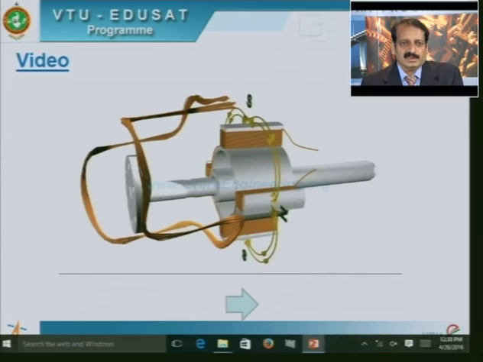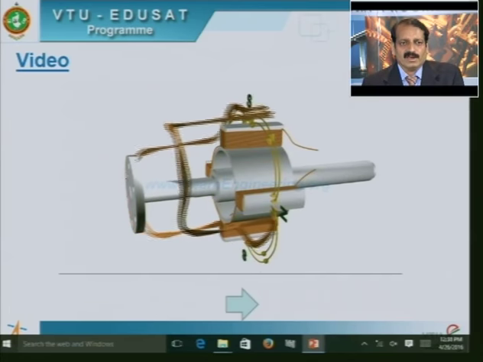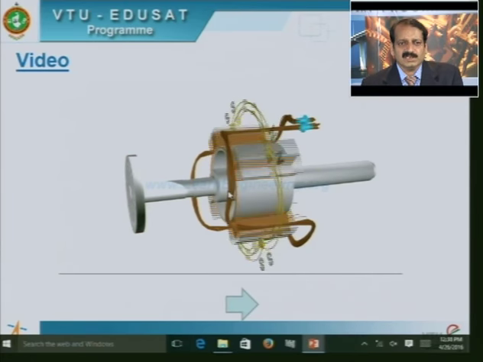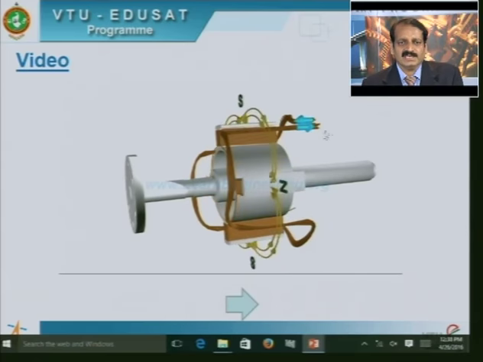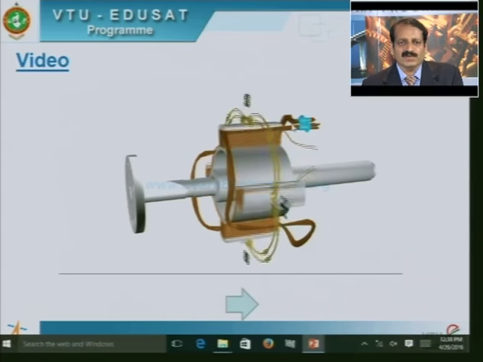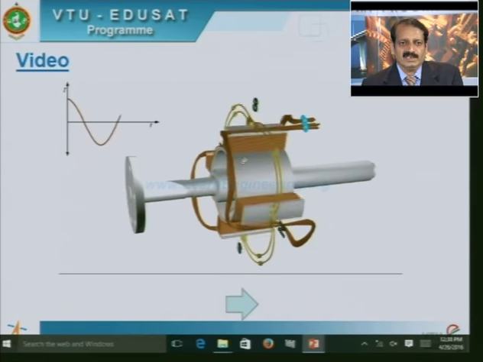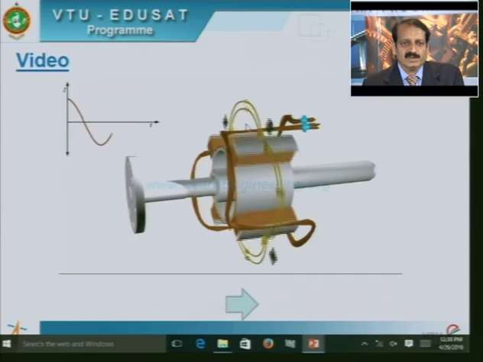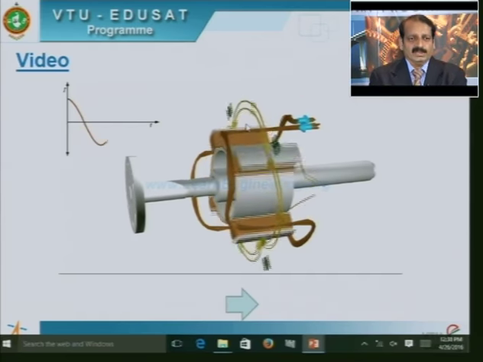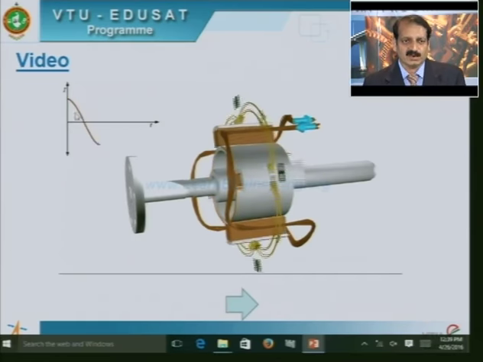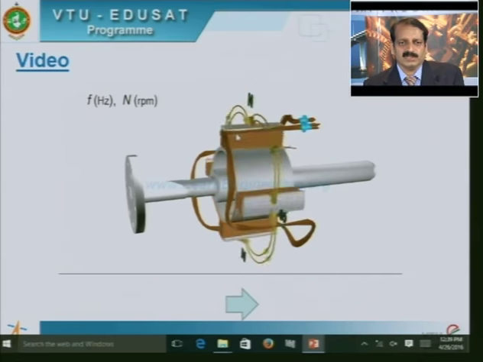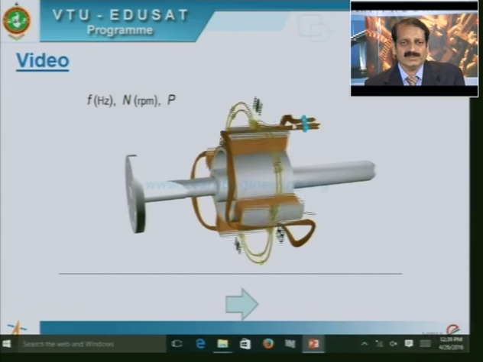You can have a coil placed around this field, and the coil is now fixed and the magnetic field is rotating, and you can see the direction of induced EMF change when the coil is subjected to different poles. If the coil is subjected to north pole, then the positive half cycle of EMF is induced, and if the coil is subjected to south pole, then the direction of EMF is reversed.